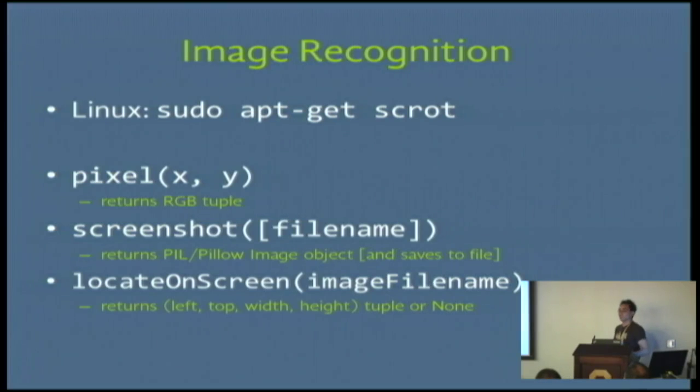So locateOnScreen has to do a pixel perfect match. So if you have some transparency effect or something else like that, it won't work. There are, however, I think tolerance is the name of the keyword option that you can then pass, and it'll do a fuzzy match. You also have to have the OpenCV module installed as well.